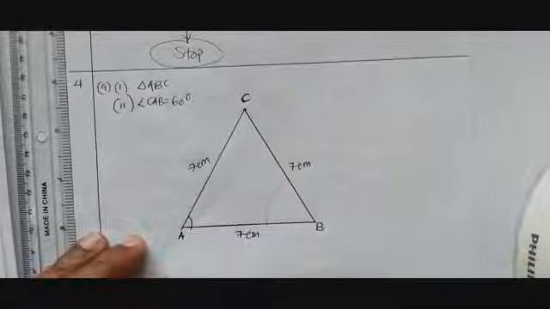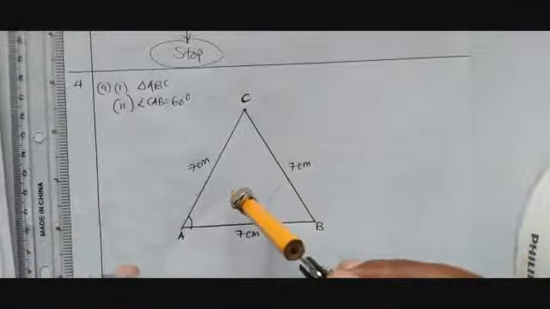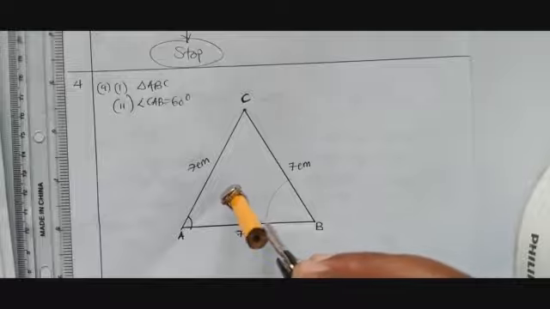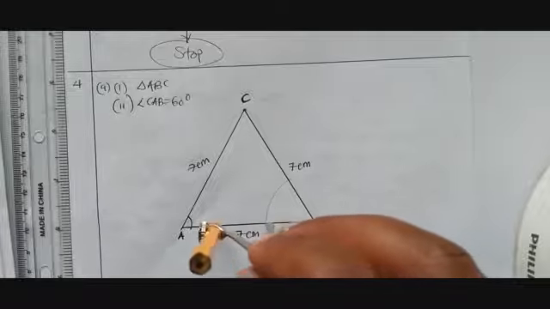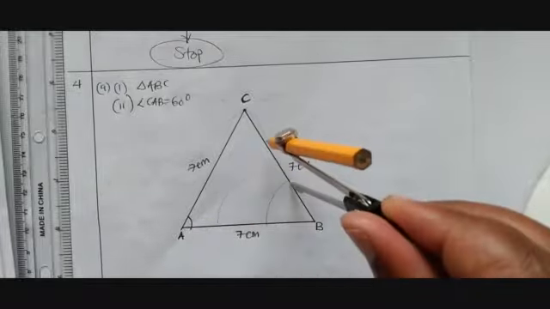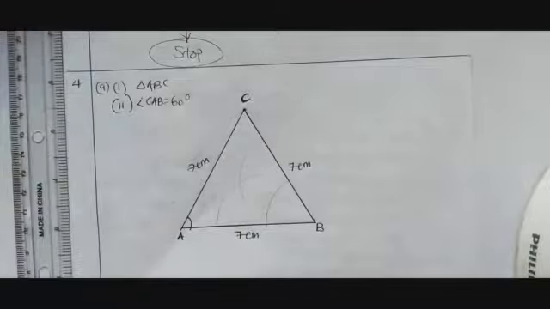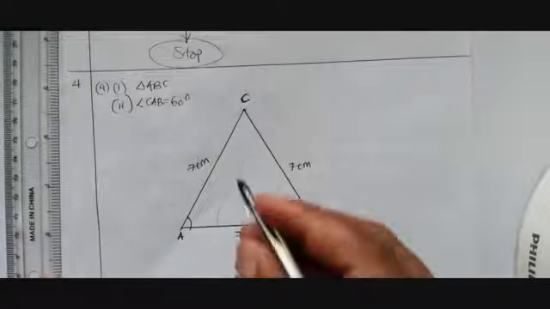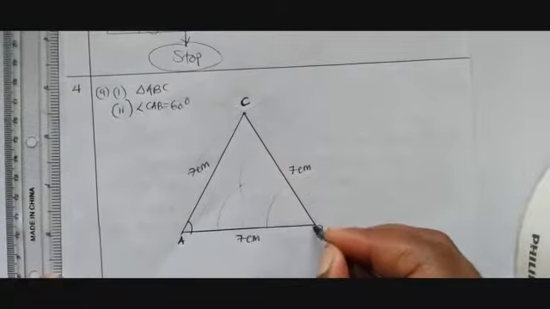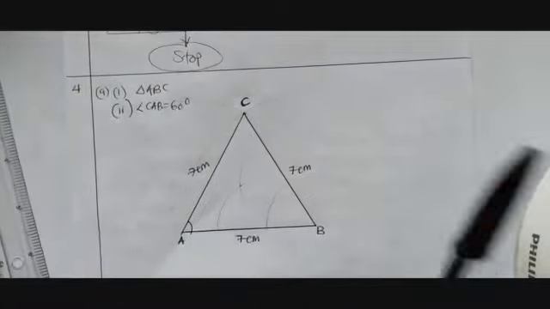That one is sufficient. Then you put your compass at that point of intersection. Then you create another arc here. Come here, create an arc. So where the two arcs are intersecting, all right, you draw a line passing through it from point B.